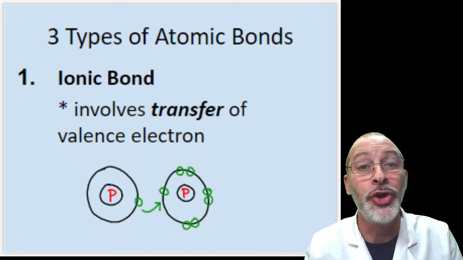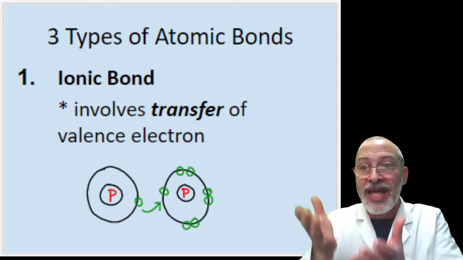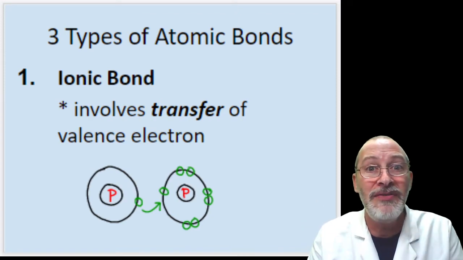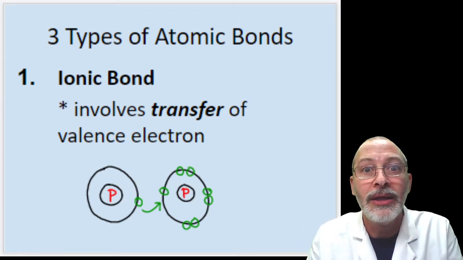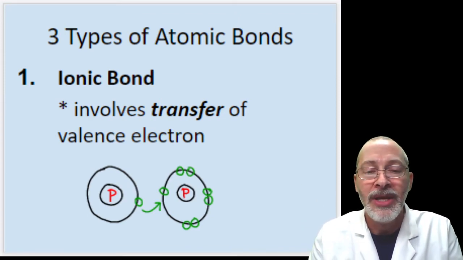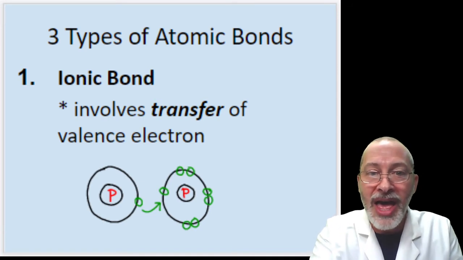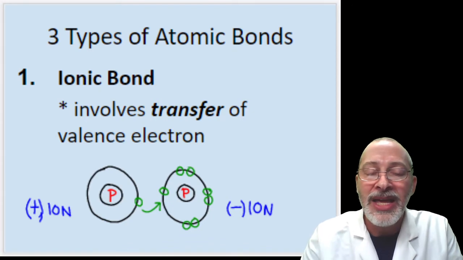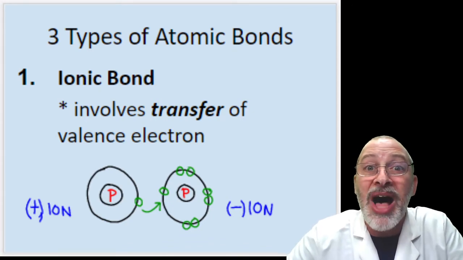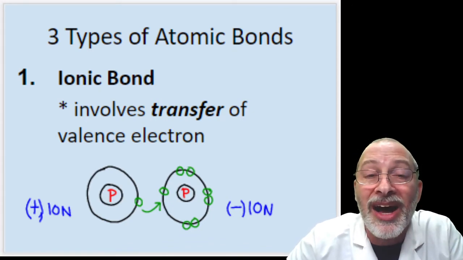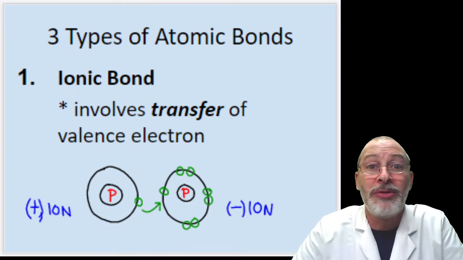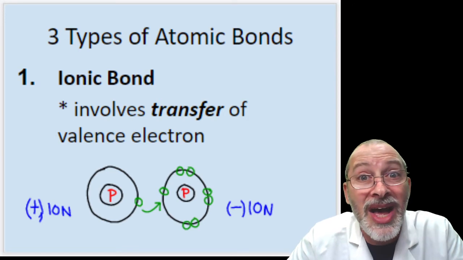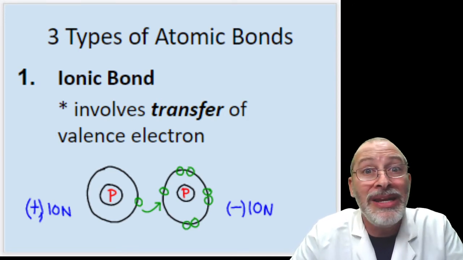Remember talking about neutral atoms having a balanced number of positives and negatives? Oh boy, what happens here? If this element on the left is losing a negative, it becomes a positive ion because there's now going to be more positives than negatives. And the atom on the right-hand side, it's gaining 1 electron.